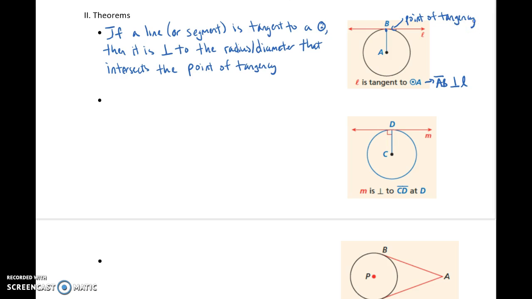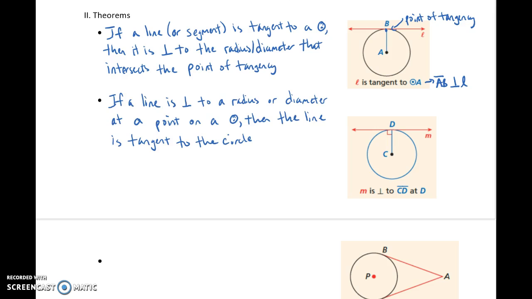Okay, and the converse of that would also be true, and that's our next theorem. This says if a line or segment is perpendicular to a radius or diameter at a point on a circle, then the line is tangent to the circle. So again, it's the converse. We're told that this line M is perpendicular to CD at that point D, and we can see CD is a radius.